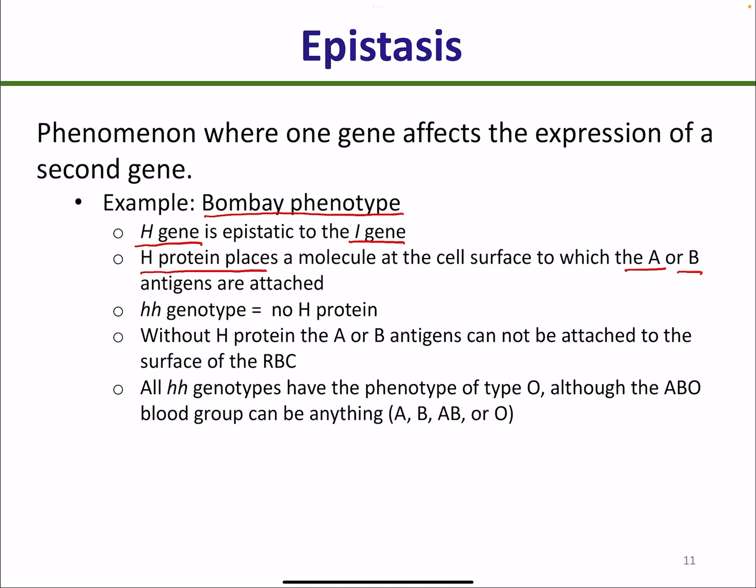Let me repeat that. The H protein places a molecule at the surface of blood type A or blood type B cells. Now, individuals with a homozygous recessive lowercase h genotype do not produce the H protein.